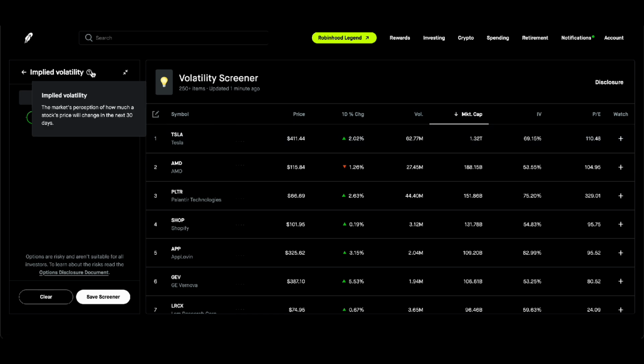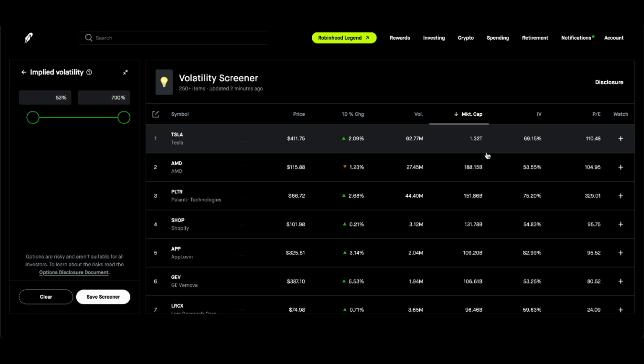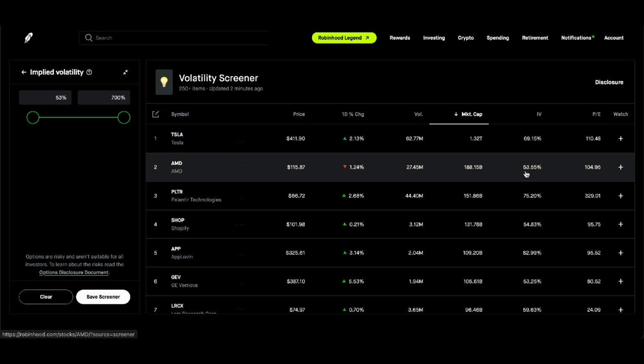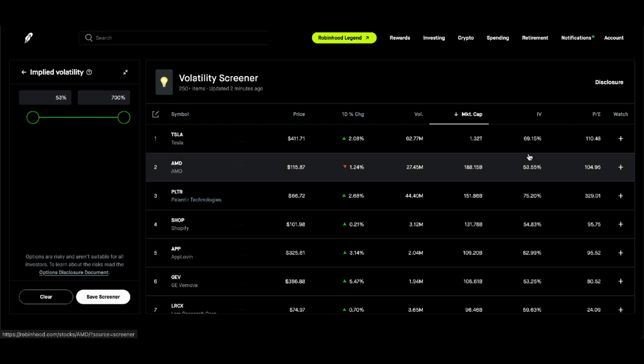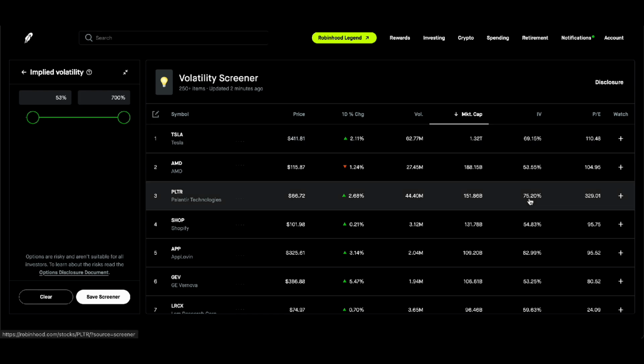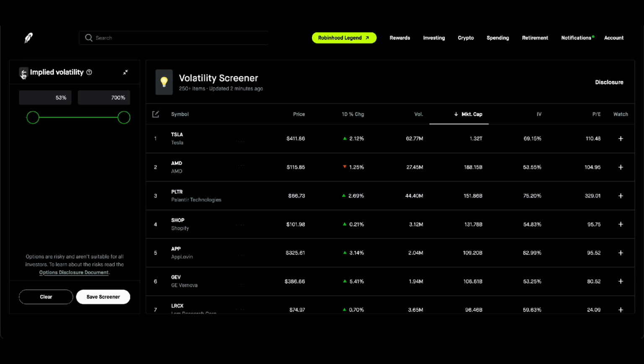If you want to learn more about what implied volatility is, this is the definition: the market's perception of how much a stock price will change in the next 30 days. So there's a chance of a swing of 70% for Tesla stock, AMD will be around 54, and Palantir 75%. The higher the IV here, the bigger the premium would be, but the riskier it would be.